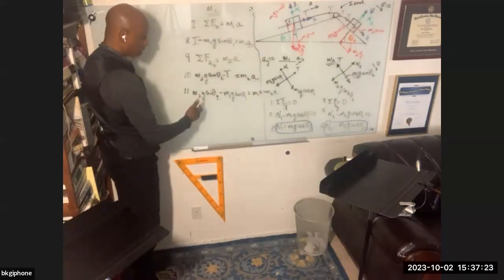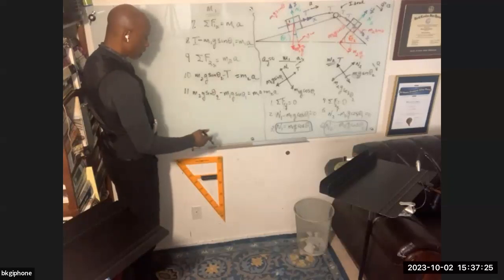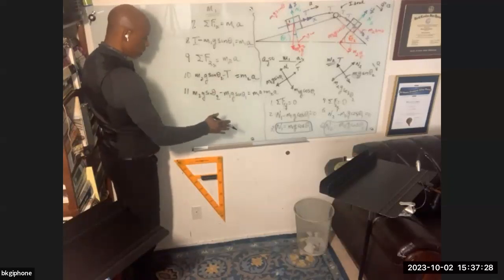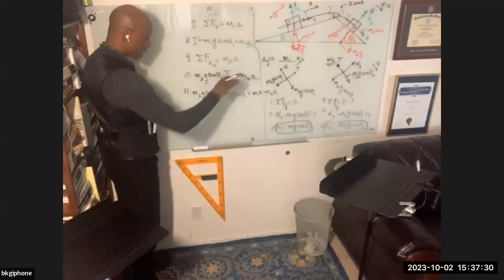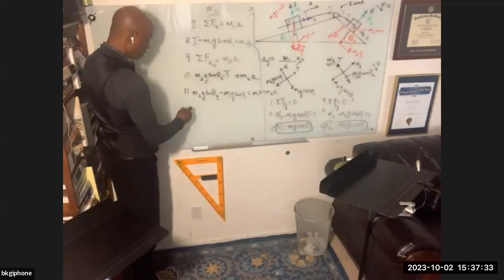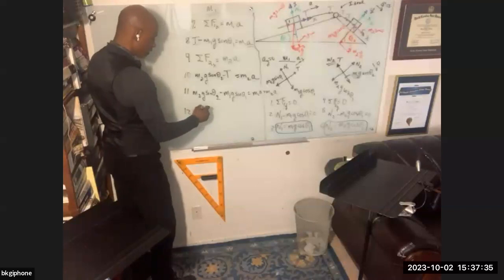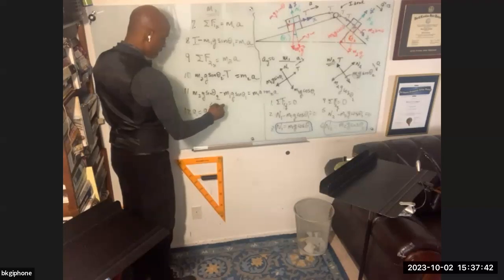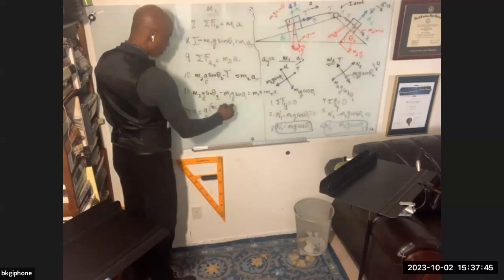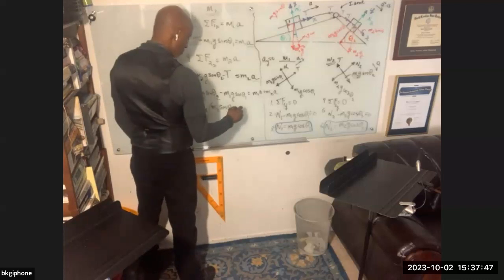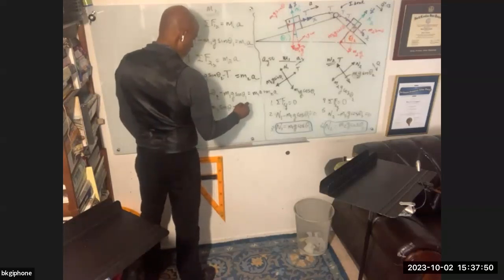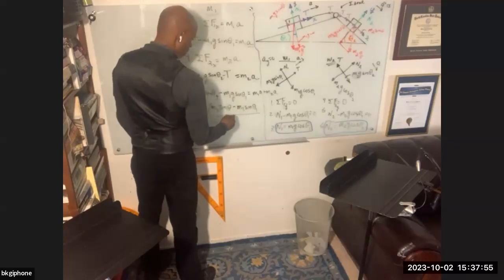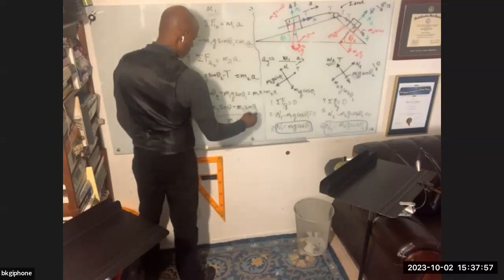Similarly, we can factor out a G from the left and the A from the right. Then, dividing through by M1 plus M2, we get that A is going to be equal to G times this ratio of masses and angles, M2 sine theta 2 minus M1 sine theta 1 over M1 plus M2.